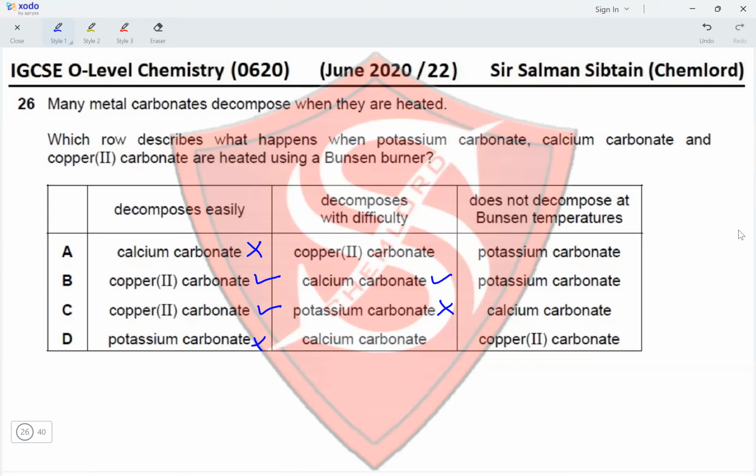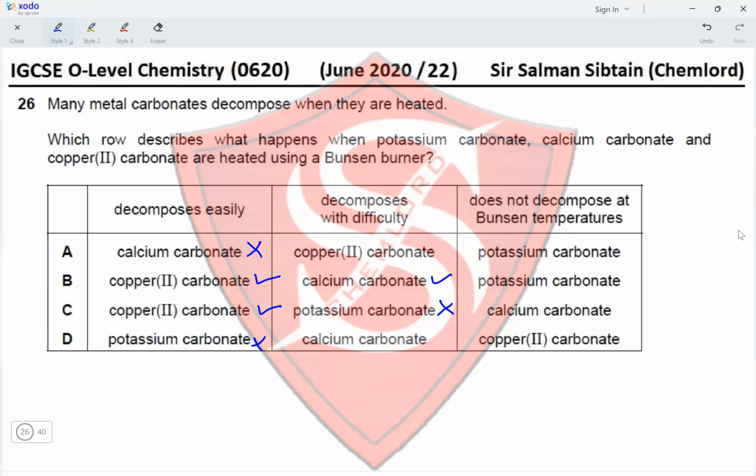And does not decompose at Bunsen temperatures. Yes, sodium carbonate and potassium carbonate have a very high decomposition temperature and will not decompose at the temperatures of the Bunsen flame.